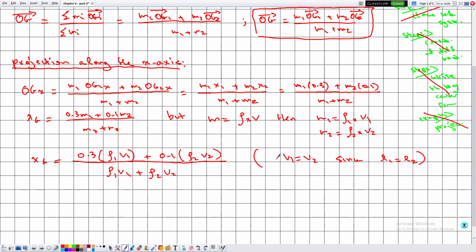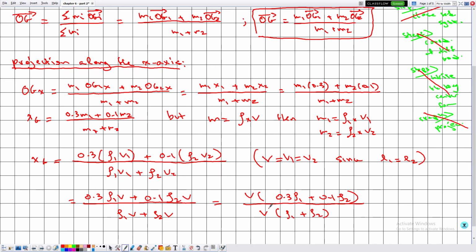So let me say that V is equal to V1 equal to V2, so this is equal to 0.3 rho 1 V plus 0.1 rho 2 V divided by rho 1 V plus rho 2 V. Now taking from the numerator V as a common factor, we have V times 0.3 rho 1 plus 0.1 rho 2 divided by V times rho 1 plus rho 2.